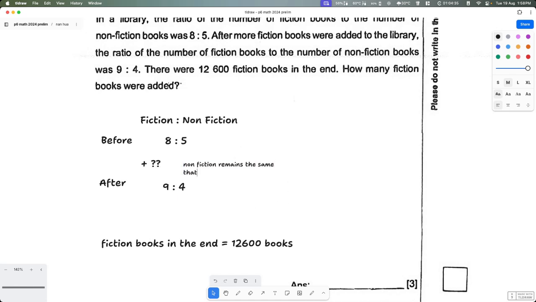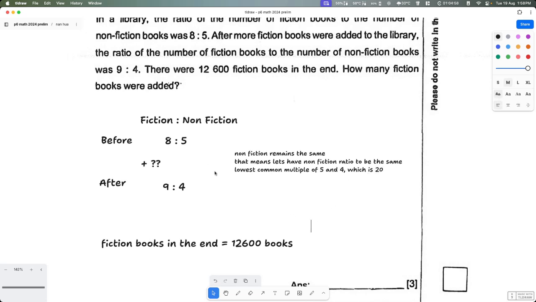So we get the lowest common multiple of 5 and 4, which is 20. So we have times 4 for both 8 and 5. So the before will become 5 times 4 is 20, 8 times 4 is 32. So this is 32 and this is 20.